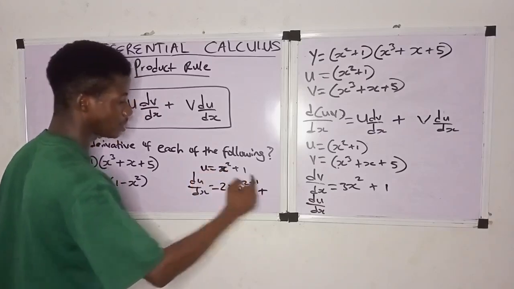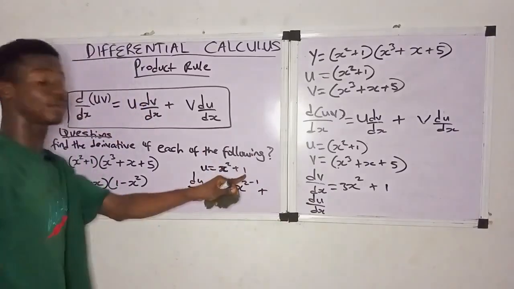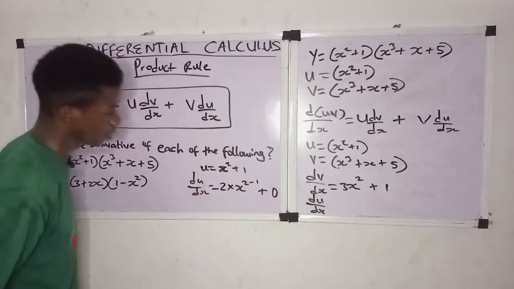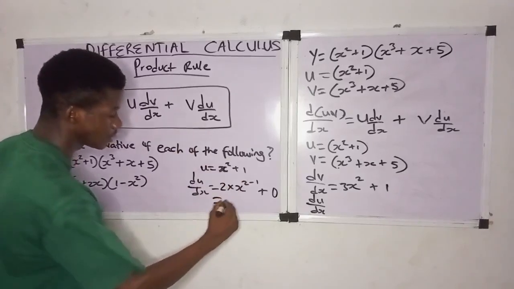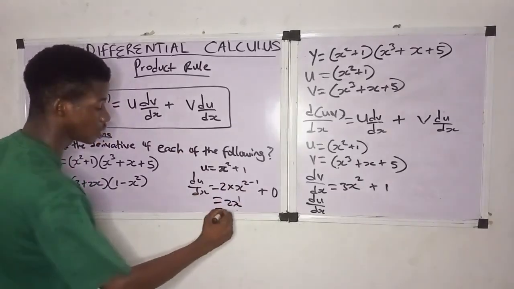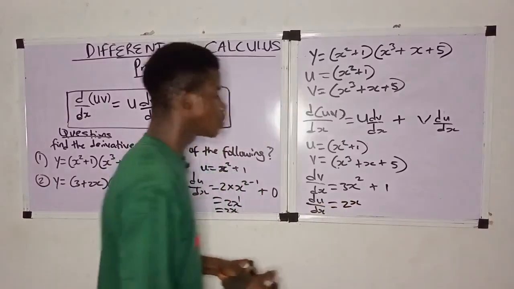Then plus 1, which is a constant; it does not carry S, so its derivative is 0. 2 times S gives us 2S, and 2 minus 1 is 1. So dU over dS is 2S.